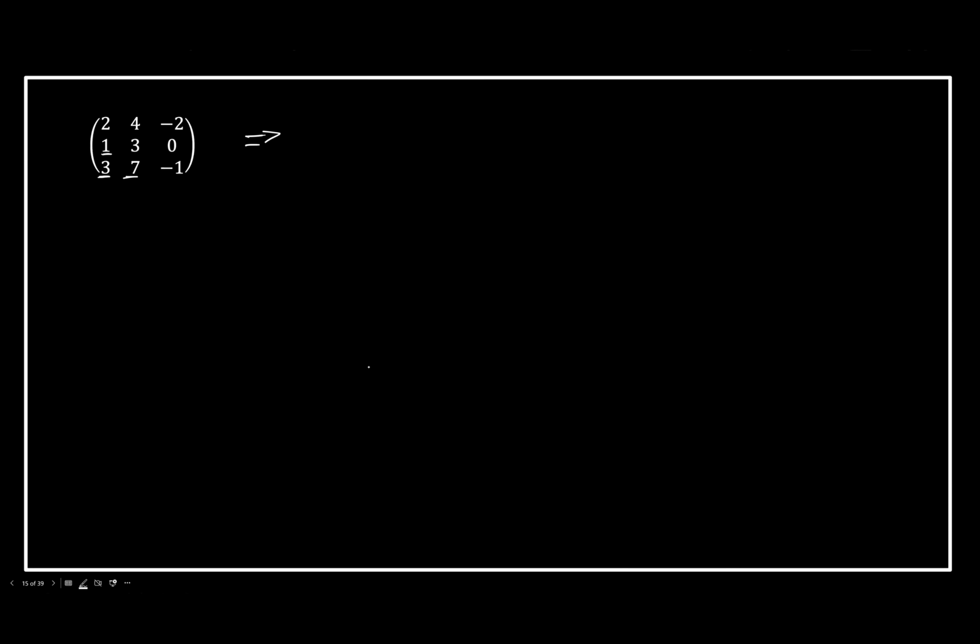I have a flip. So upper triangular form will be the zeros in the bottom, so it'll look something like 0, 0, 0, and then we'll have numbers like that. So that's what we're looking for.